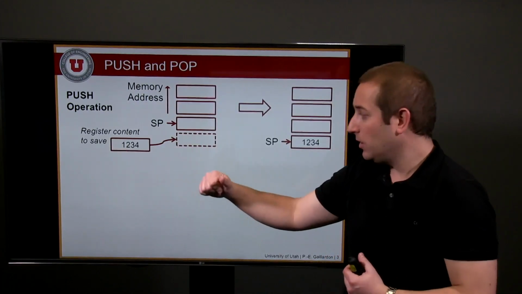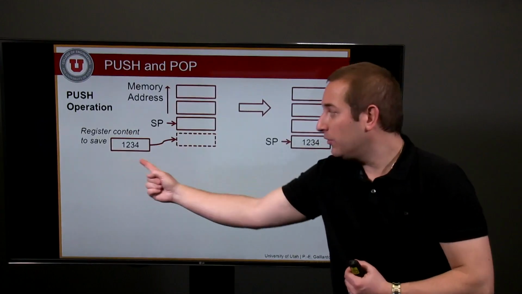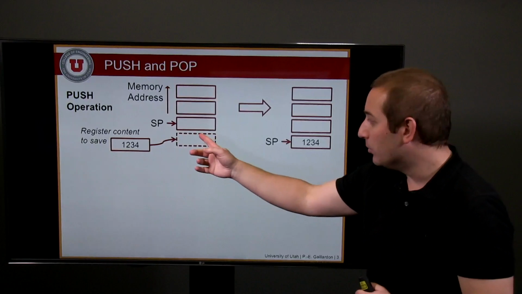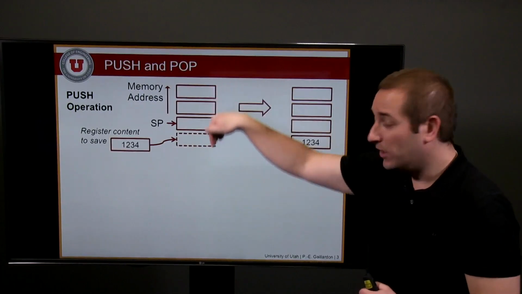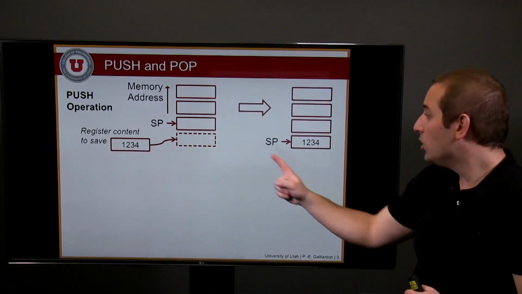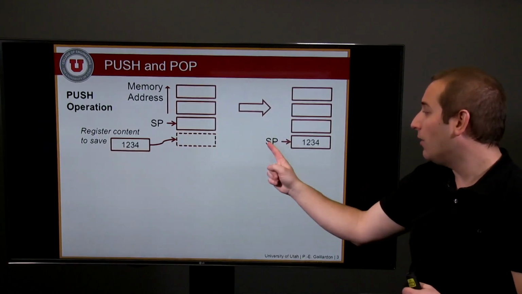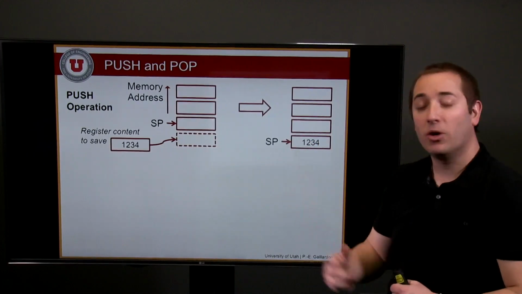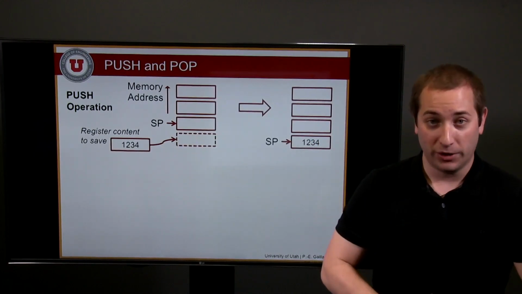The push operation is going to save the content of this register to the next address location available in the memory address going downwards. So after a push operation, you will end up having the content of your register saved in that location, and now your stack pointer is going to point to that new location.